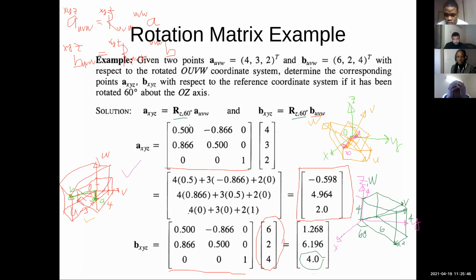So X will be 6 times cosine of 60 plus, where is the 2?